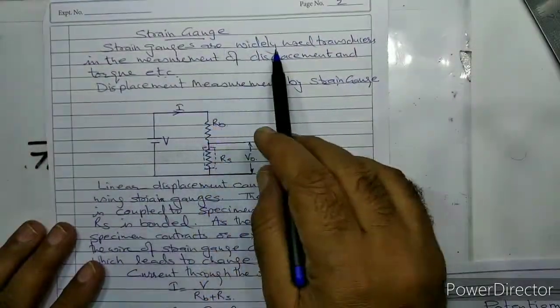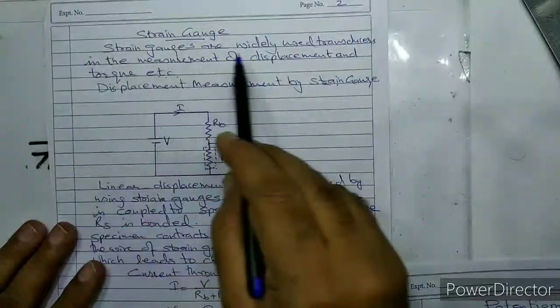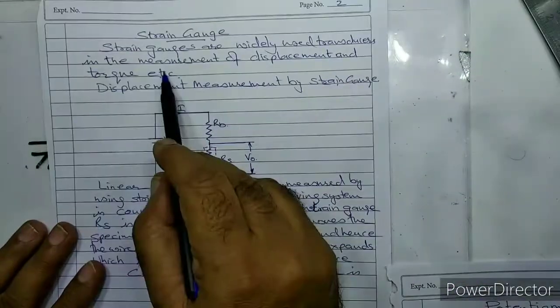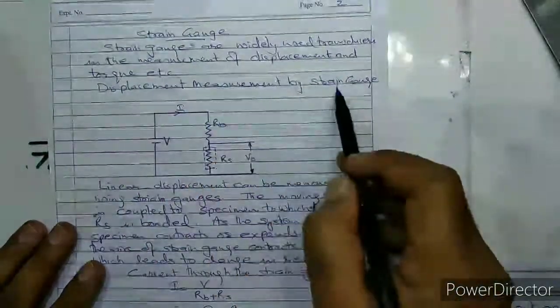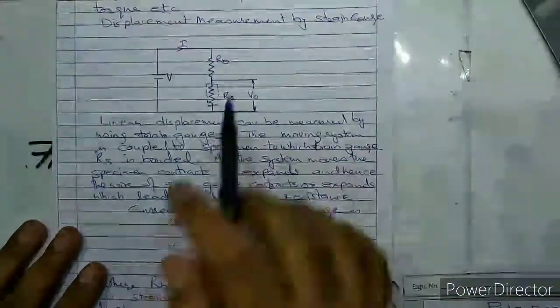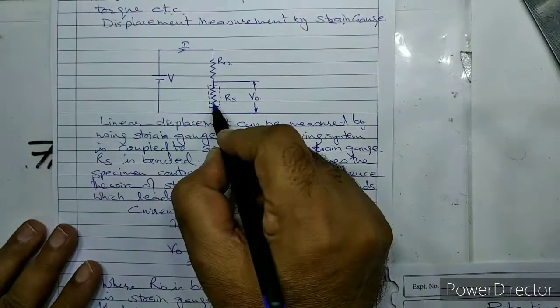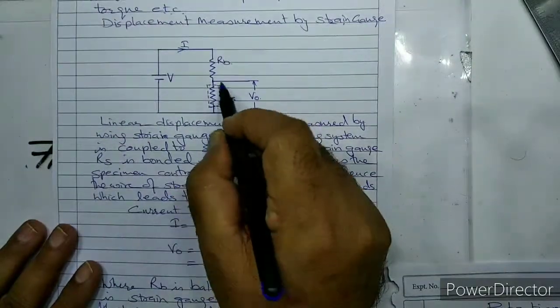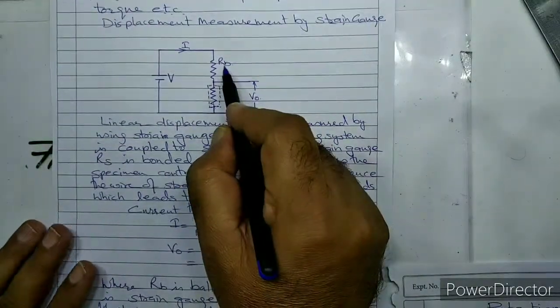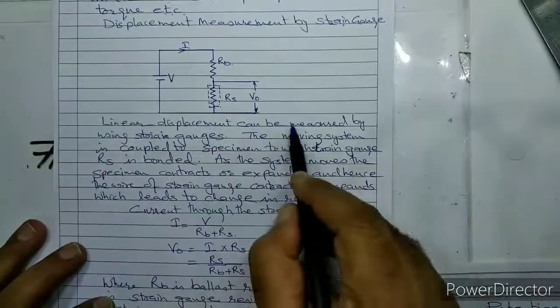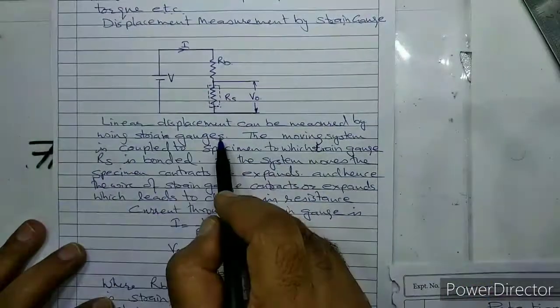Strain gauges are widely used transducers in the measurement of displacement and torque, etc. Displacement measurement by strain gauge is shown in the figure, where this is the strain gauge resistance, RS. This is RB. The linear displacement can be measured by using strain gauges.